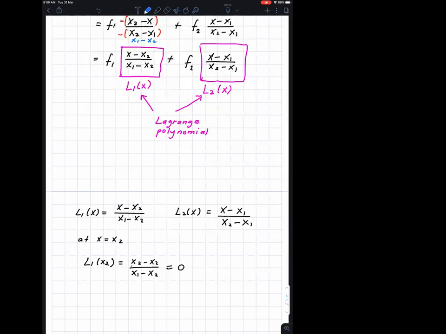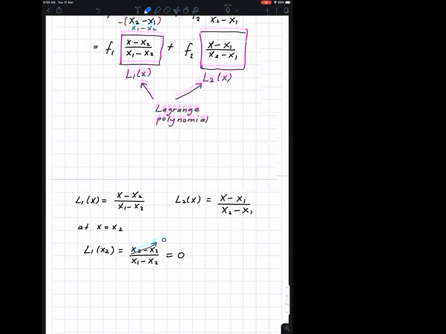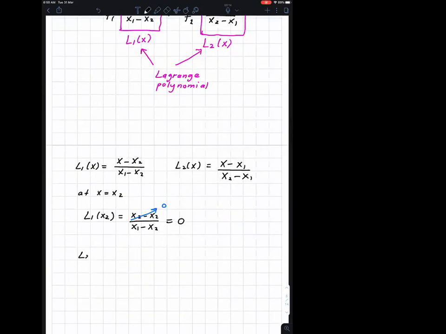Because these two cancel. 0 divided by anything is 0. For L2(x), again you substitute x with x2 in L2. That's going to give you x2 minus x1 divided by x2 minus x1. What's that going to give you, G? It's going to be 1.